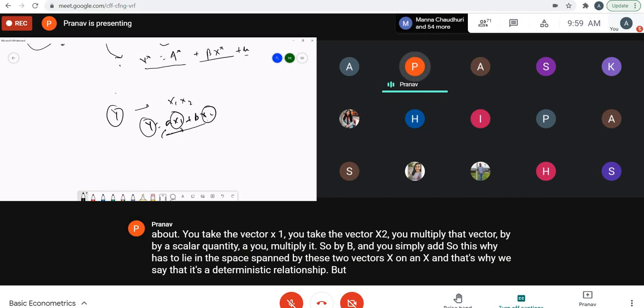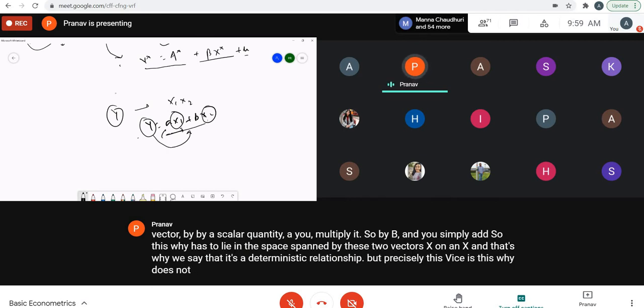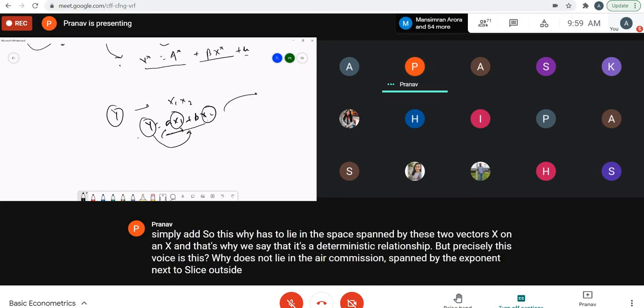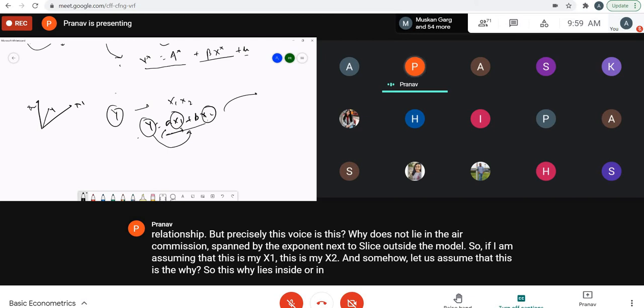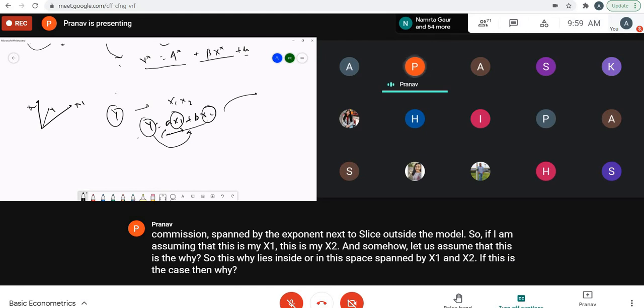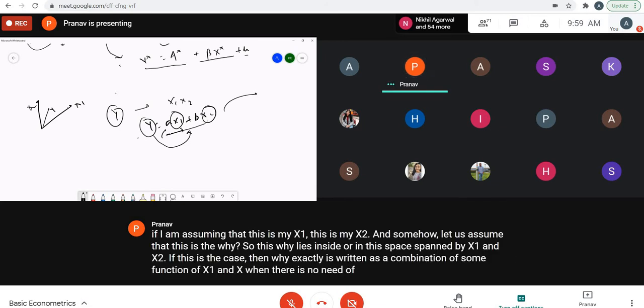But precisely this y does not lie in the linear combination spanned by x1 and x2; it lies outside the model. So if this is my x1, this is my x2, and let us assume that this is the y, and this y lies inside the space spanned by x1 and x2, then y exactly is written as some function of x1 and x2, and there is no need of econometrics at all.